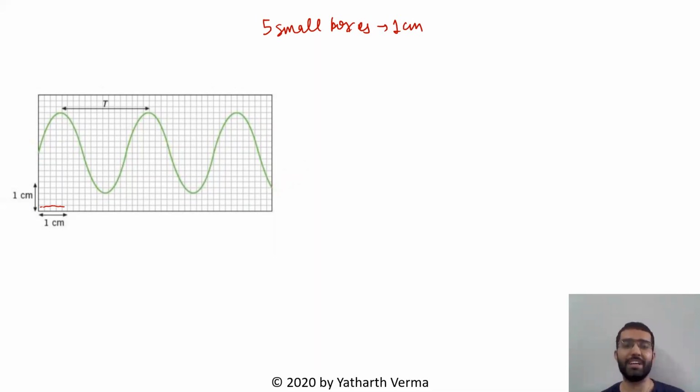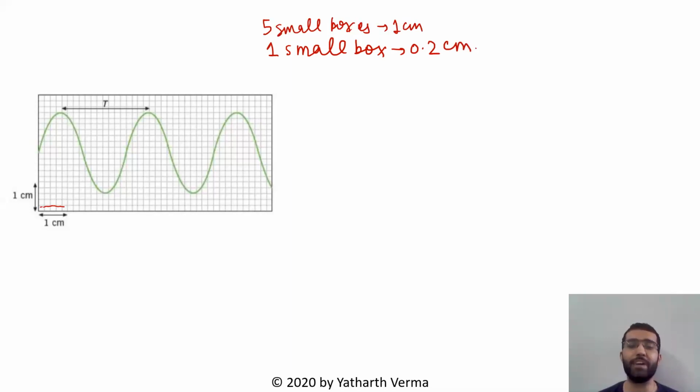Now on the y-axis, same thing. On the y-axis also, 5 small boxes represent 1 centimeter. What does this mean? One small box is 0.2 centimeters, right?